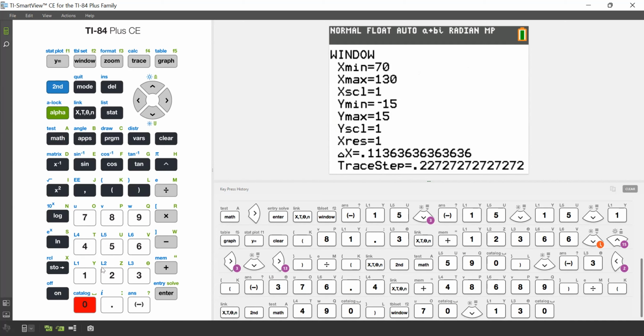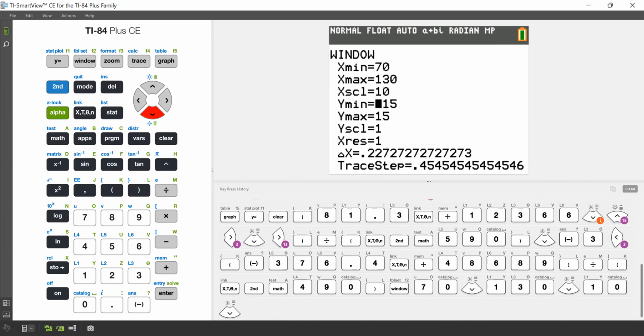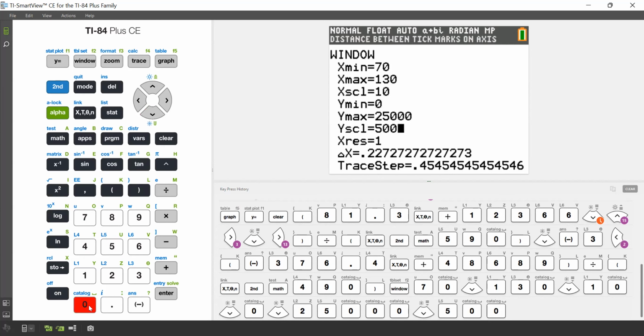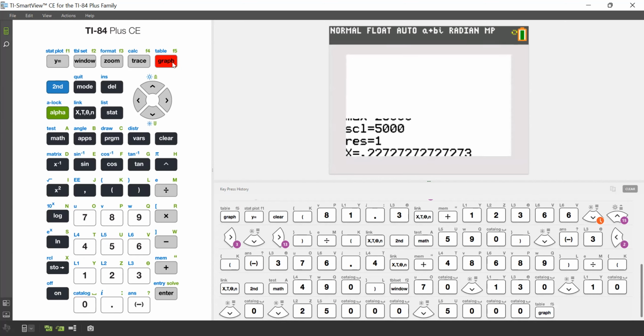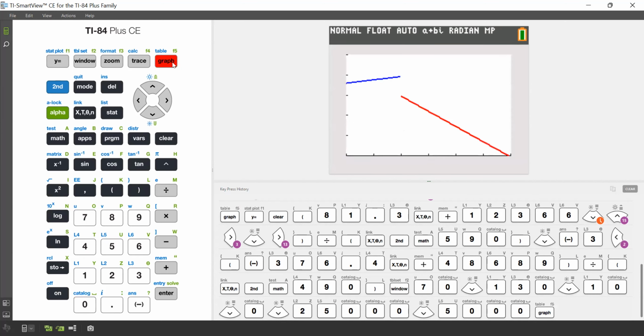It looks like they use a scale of 10, and from 0 to 25,000, and it looks like the scale is 5,000. So that does at least eliminate B and C, which I already eliminated.